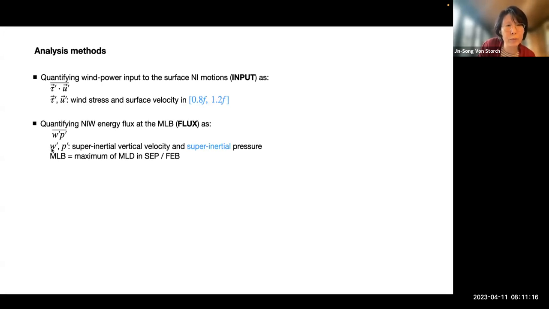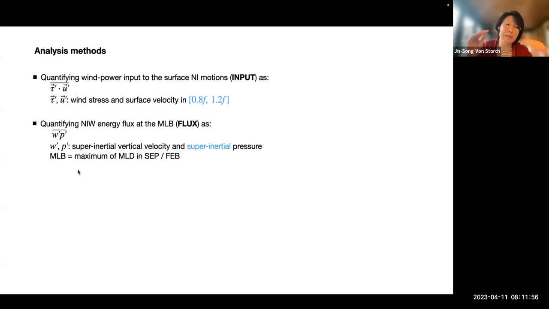The W prime here is the vertical velocity anomaly, and the P prime is the pressure anomaly, and both are within the super-inertial frequency range, so above the local near inertial frequency. We consider that because for the wave motion we also have higher harmonics, and the waves can propagate equatorward. So we are not considering just the truly near inertial range, but the entire super inertial frequency range.